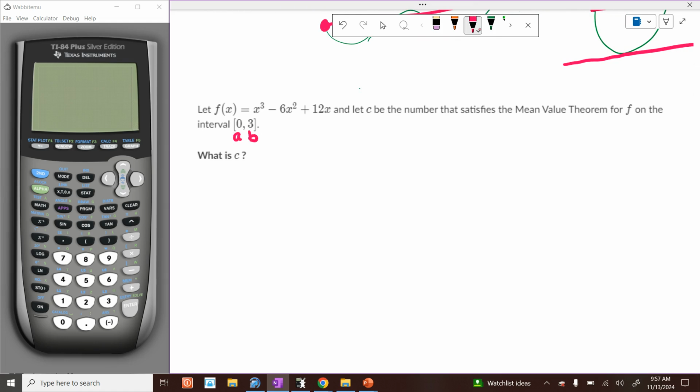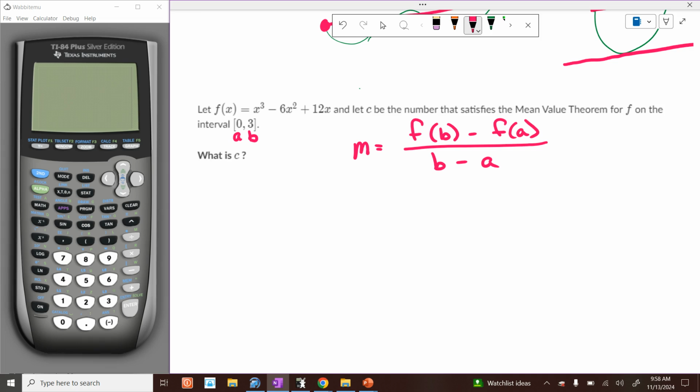What we need to do first, because we have an A and a B and a C here, is find the slope of f of B minus f of A over B minus A. And somewhere, that's going to equal the first derivative at C. But we're not worried about that yet.